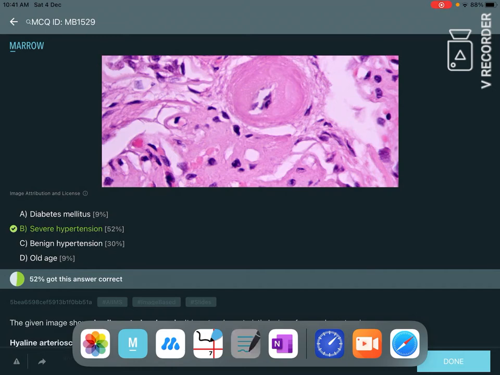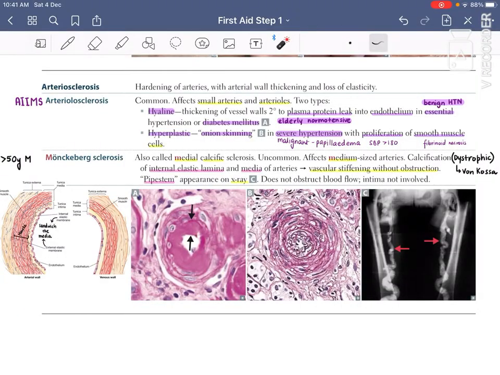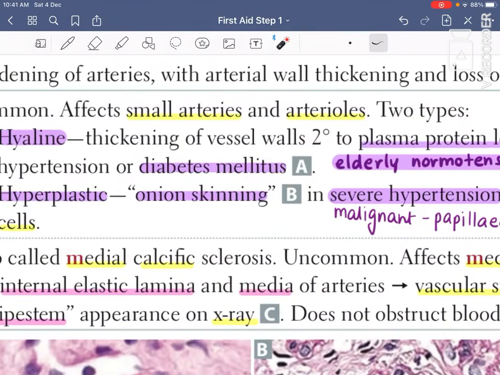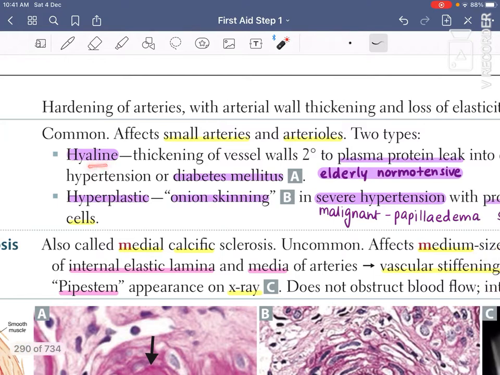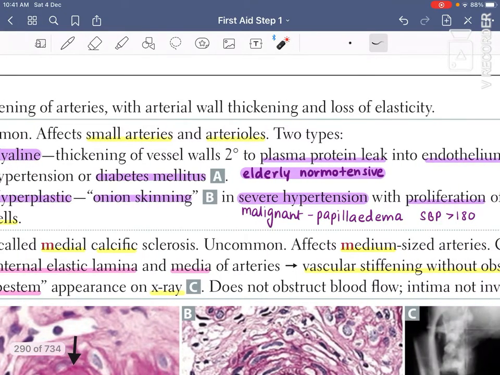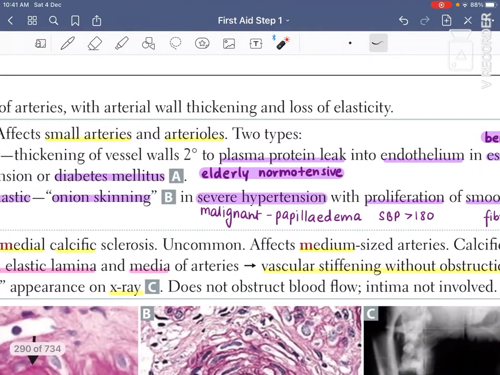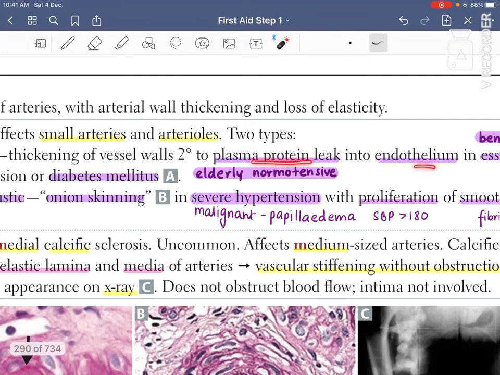When we come to arteriosclerosis, the most important thing is that it basically involves the small arteries and arterioles. There are two types, hyaline and hyperplastic. Hyaline is simply plasma protein leaking into the endothelium, and then it undergoes hyaline changes.